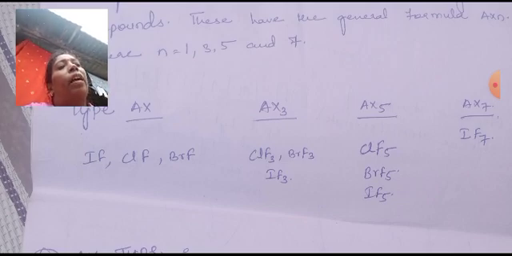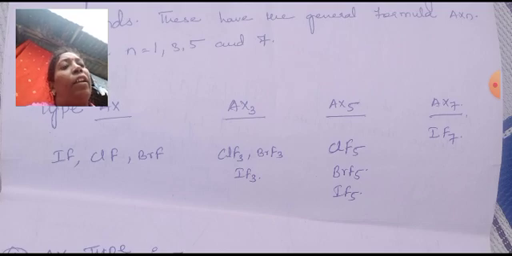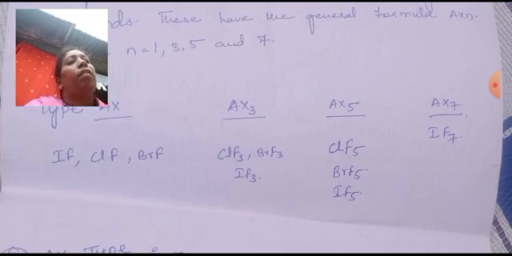Coming to the next one, the AX3 type. In AX3 type, we have chlorine trifluoride, bromine trifluoride, iodine trifluoride. One halogen is chlorine here, the A type, and X3 is F3: ClF3, BrF3, IF3, like that. Coming to the next one, AX5.